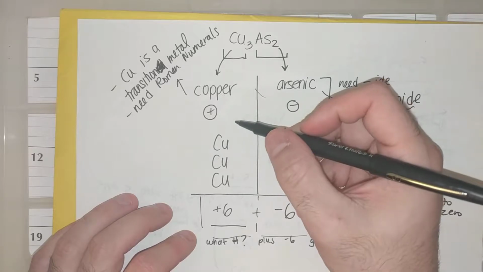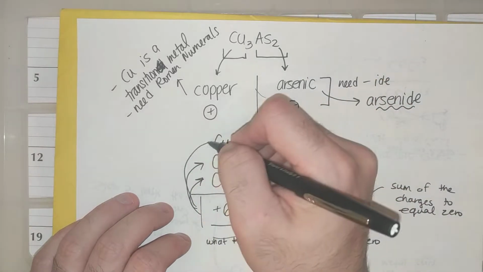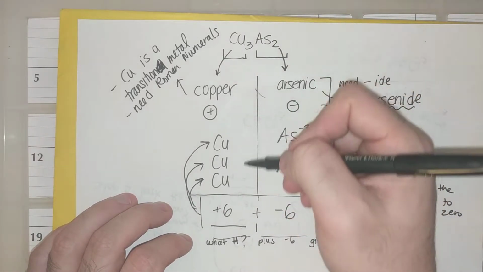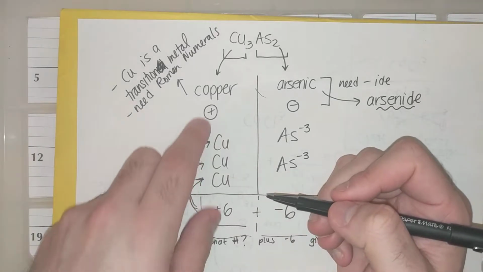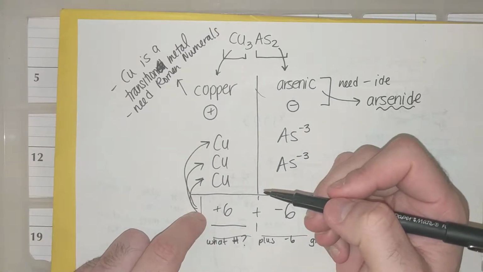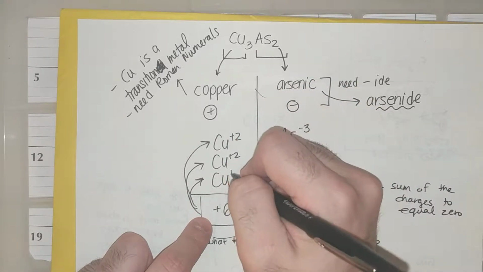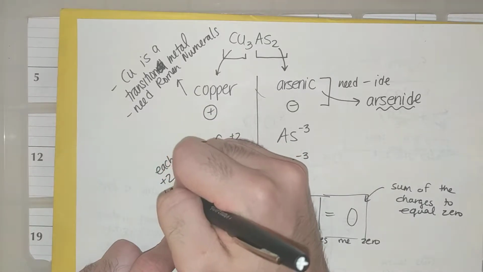Okay? Now, where does this +6 come from? It comes from 3 coppers. So what must the charge on each of those coppers then be? Well, if I want to distribute that +6 evenly among the 3 coppers, that must mean +2, +2, and +2. They are each positively 2 charged.